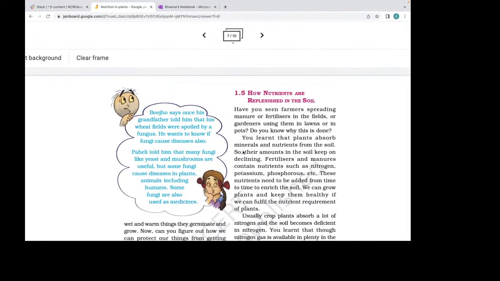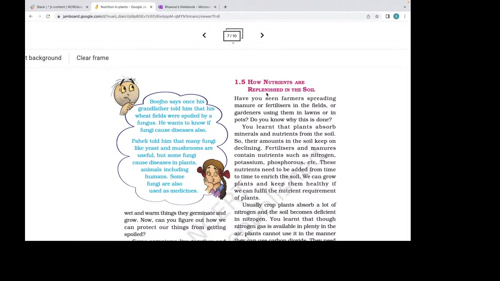Okay, now how nutrients are replenished in the soil. Have you seen farmers spreading manures or fertilizers in the fields, or gardeners using them in lawns or in pots?